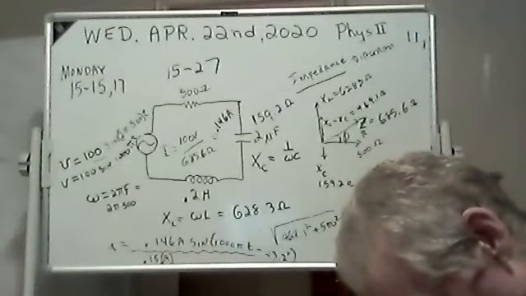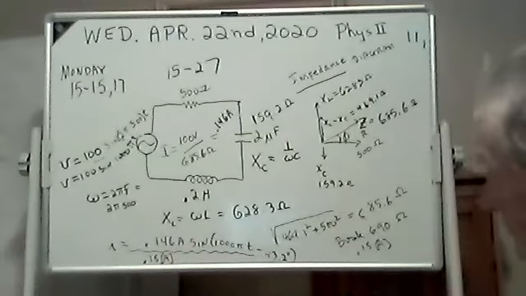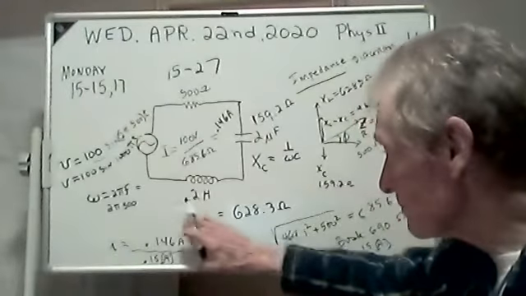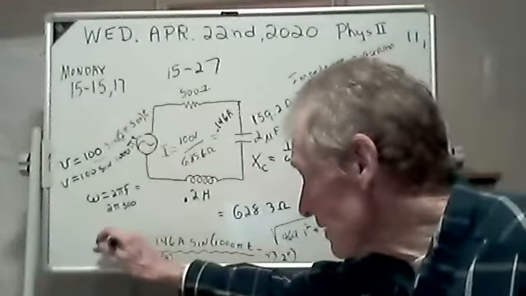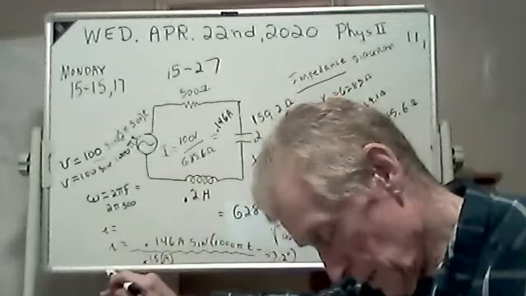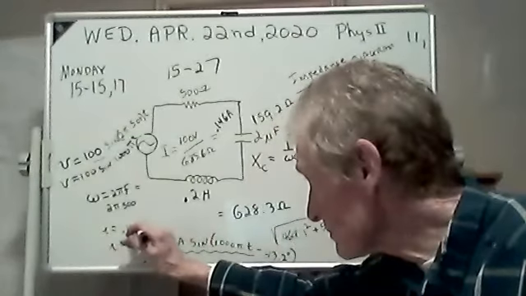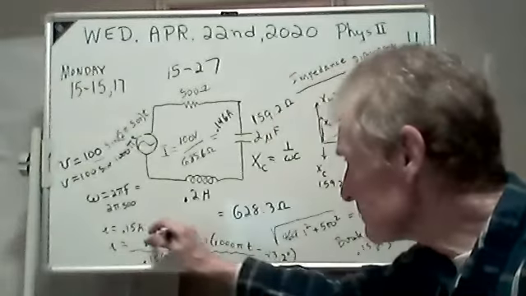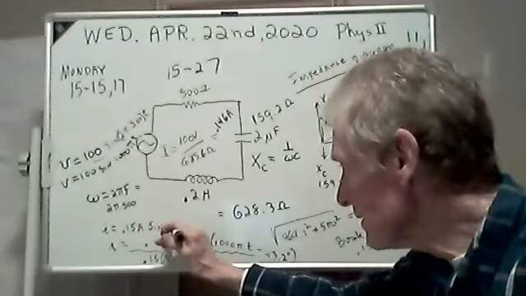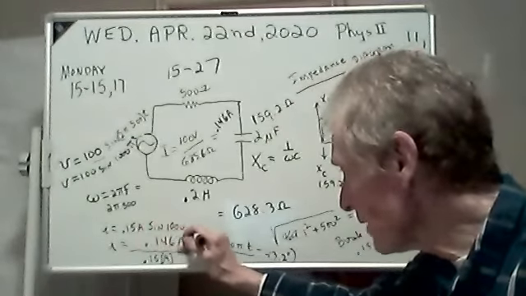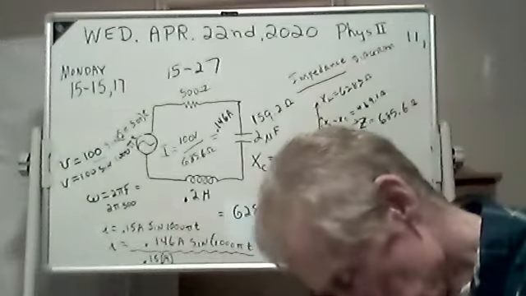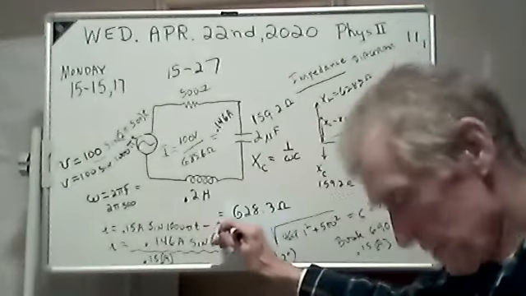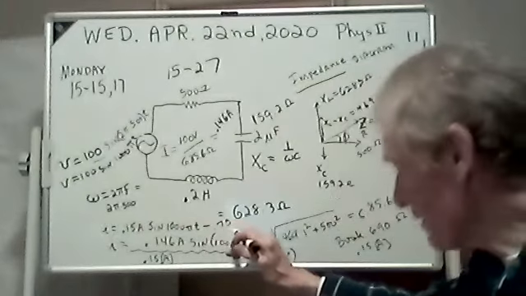And then here's their answer. Let me write their answer here. They said I, this is the answer book, they said I is 0.15 amps. Sine 1000 pi t, minus 0.753.